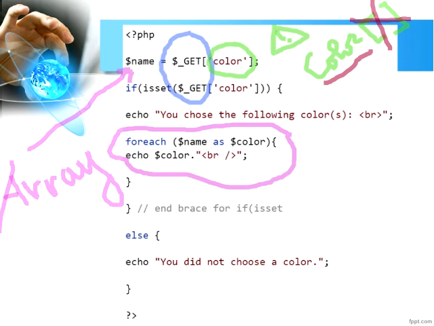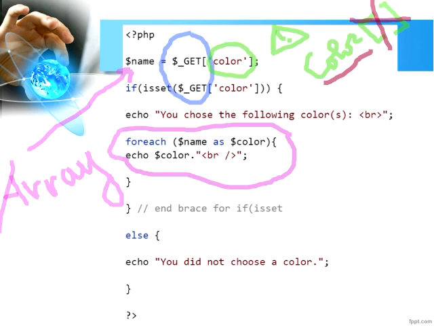How to hide variable values from being shown in the HTTP request in the browser address? For Mr. Abdullah, we just use method equal post.